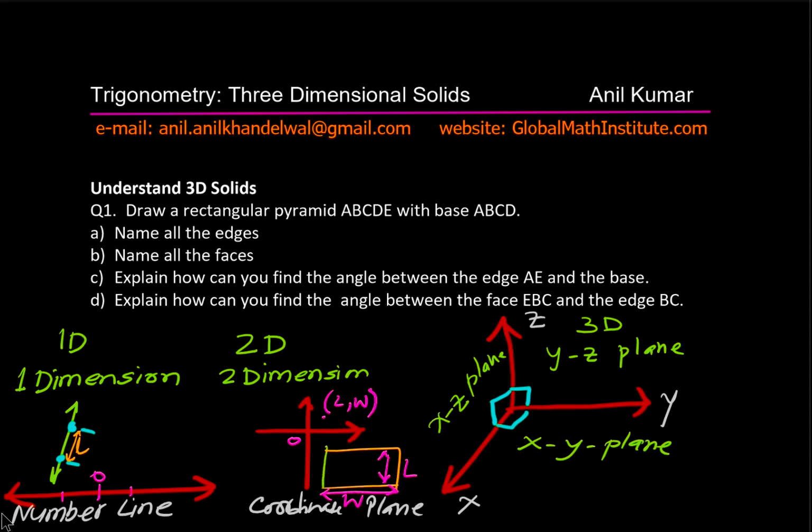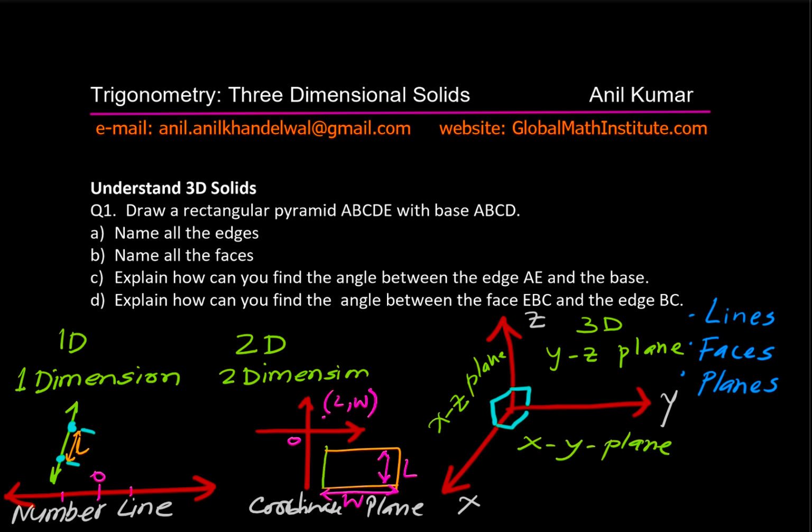So when we talk about three-dimensional figures, we have the concept of lines, which are one dimensional. Then we have faces, and we have planes. So these three terms, all three of them will be introduced one by one.